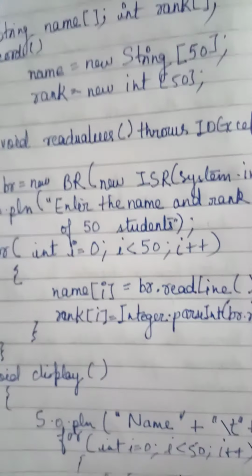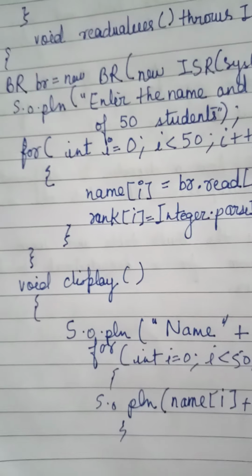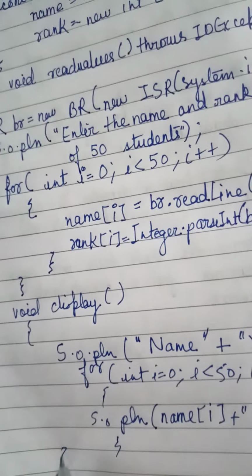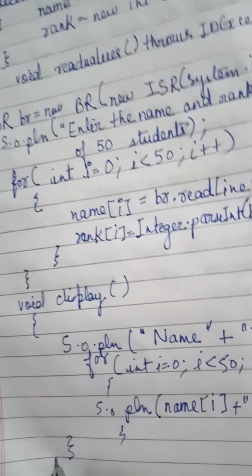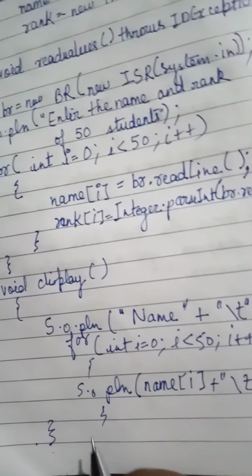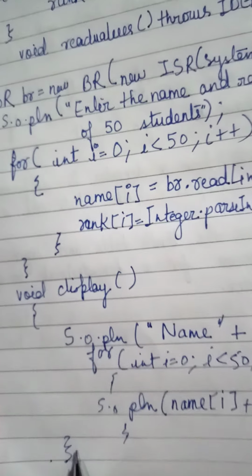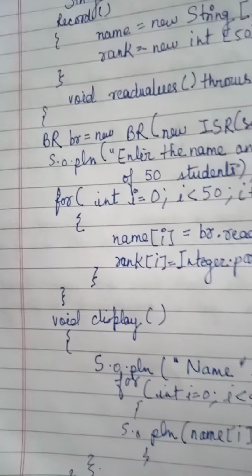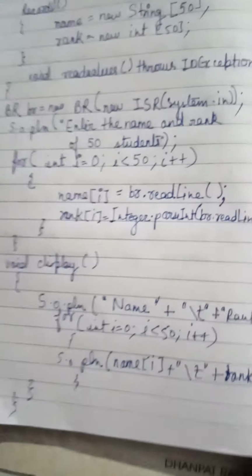This much we have to do within the second function void display, and then close the for, then void display and the superclass. Okay, this much.